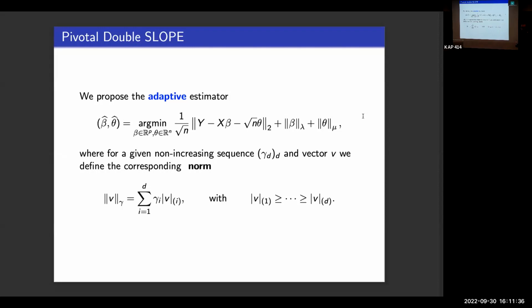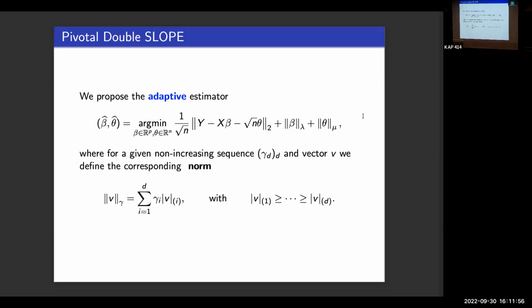Yeah. How are you choosing the gamma i's here? Very good question. Actually, that's what I will talk about in the next slide. The short answer is, usually how we choose this lambda in linear regression is of the order square root of log p divided by n.